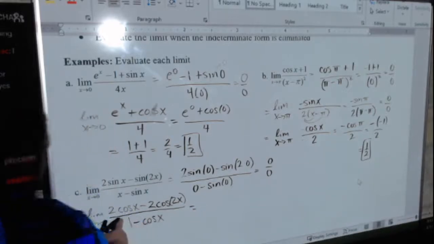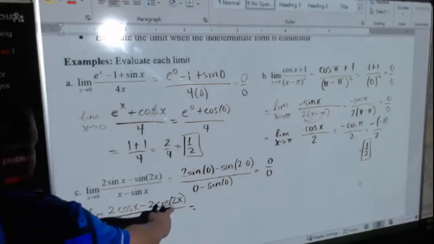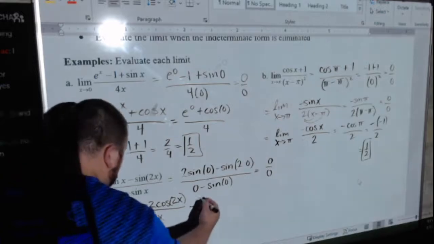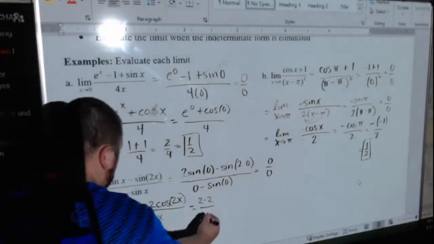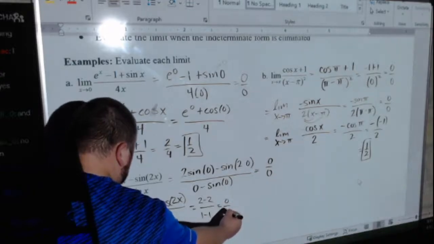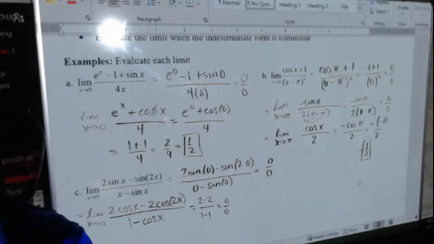So if I plug in 0, cosine of 0 is 1. This one's also going to be 1, so up top you get 2 minus 2 all over 1 minus 1, or 0 over 0 again. So we've got to take another derivative.